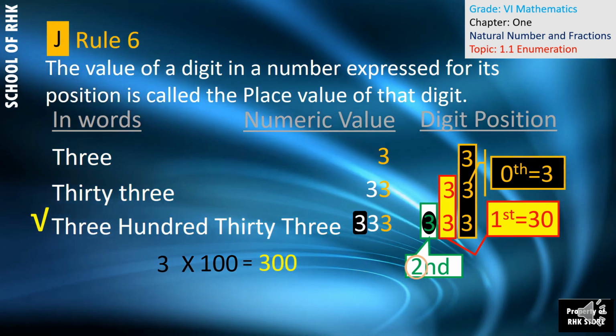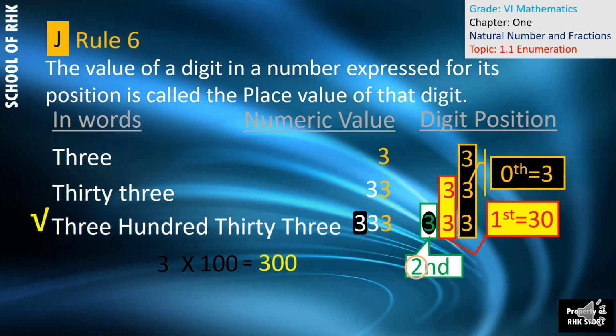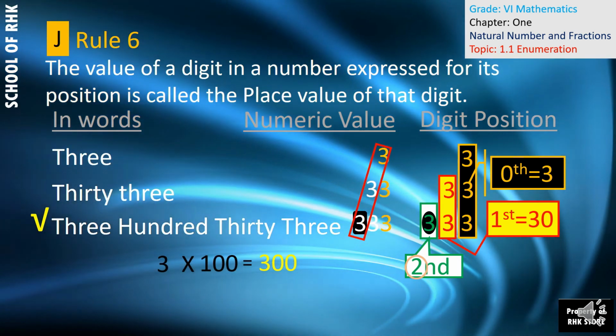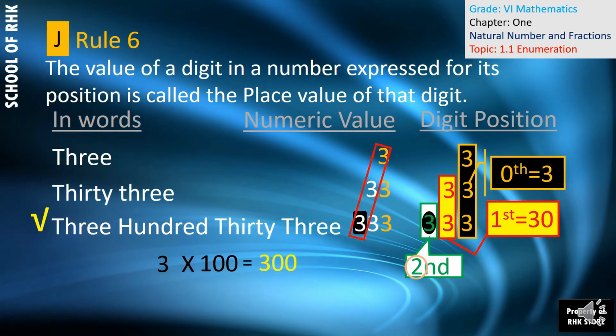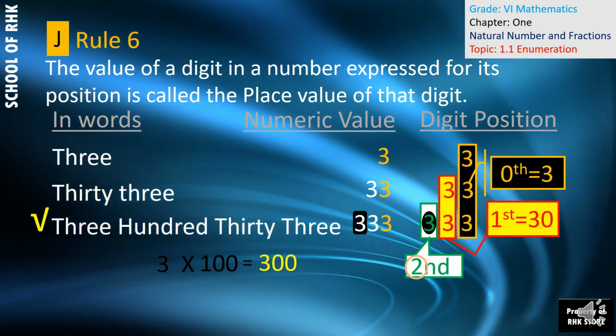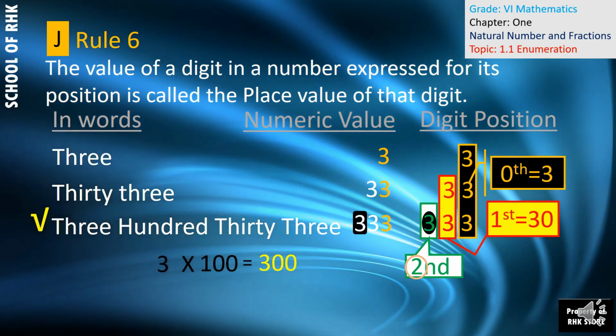So it is clear that even though the digit 3 has been used in different places or positions of the number, it did not change its intrinsic value in any place or position.